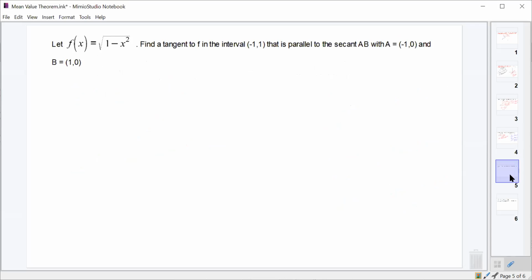All right, so let's take a look at this. Let's see if we can find a tangent to this function f on the interval -1 to 1 that's parallel to the secant AB, with a equal to (-1, 0) and b equal to (1, 0). Thoughts on how we're going to do that?